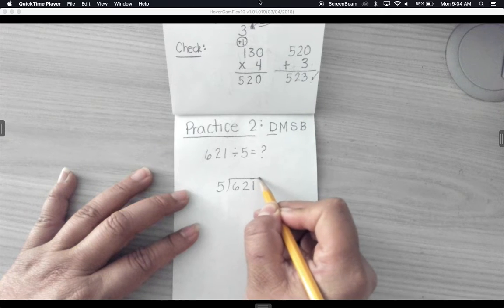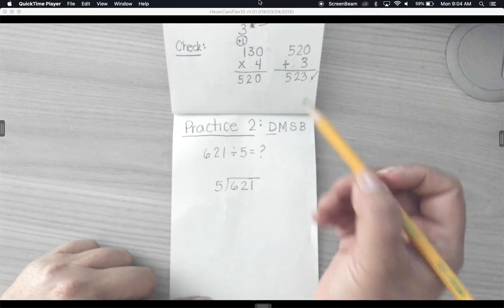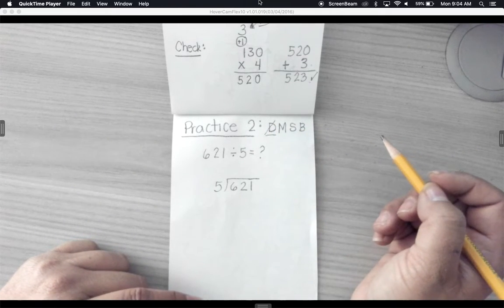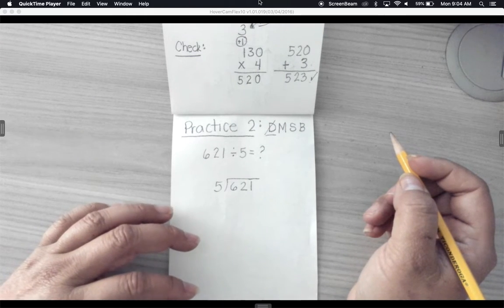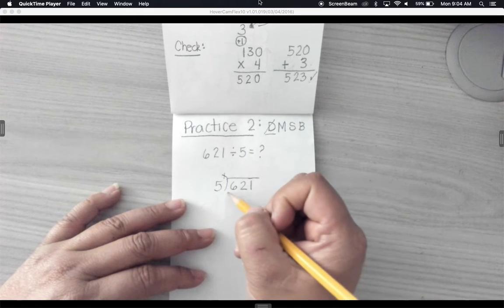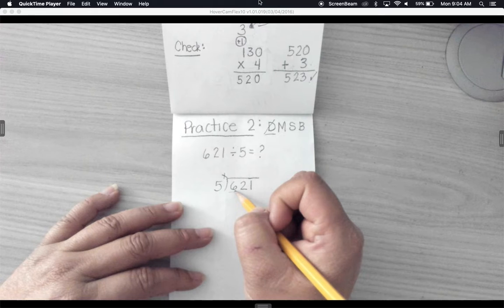Did I do D? I can cross it out. All right, what am I going to do next? Multiply into 6 or 62? 6. Why? Because you can put 125.